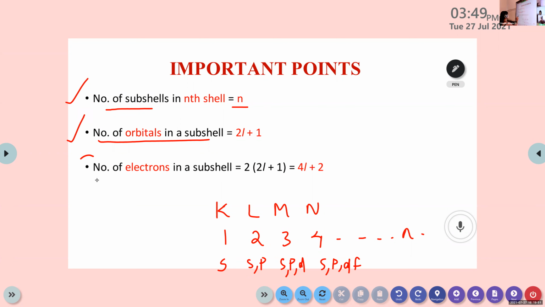Skip this part, it is not important. The number of subshells in the nth shell is equal to n, and the number of orbitals in a subshell can be calculated as 2l plus 1.